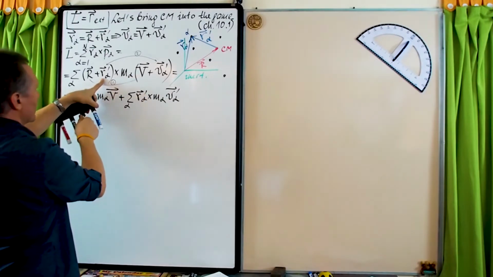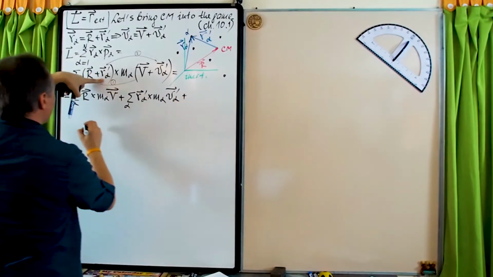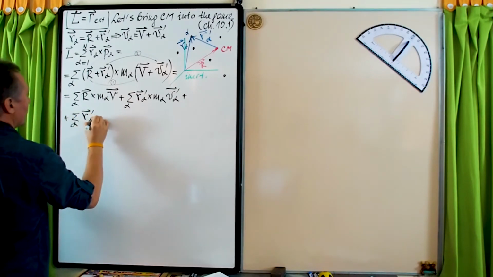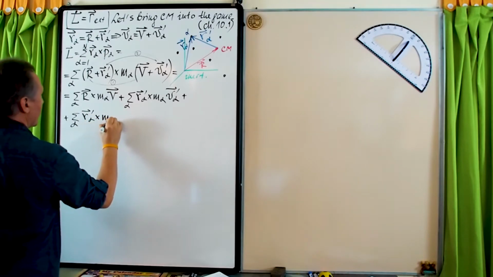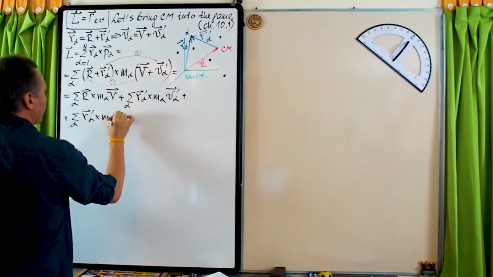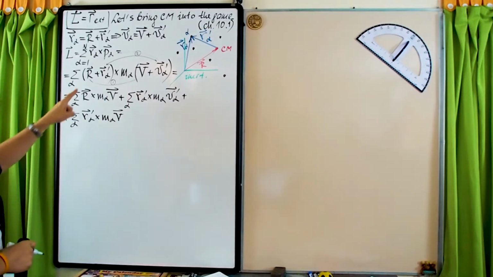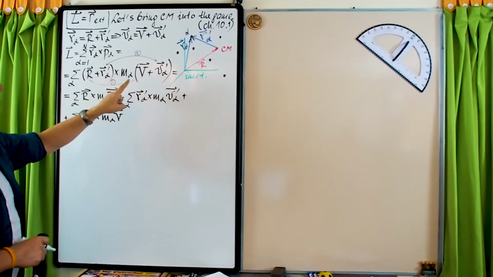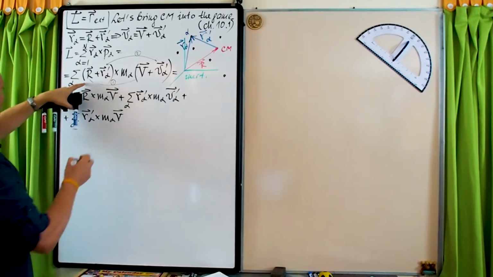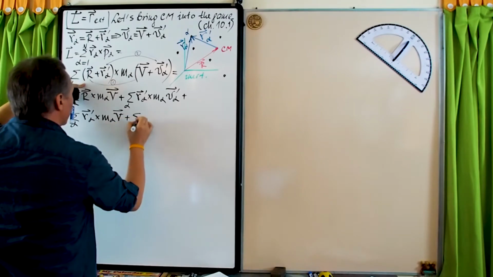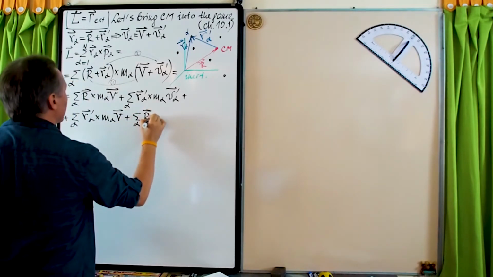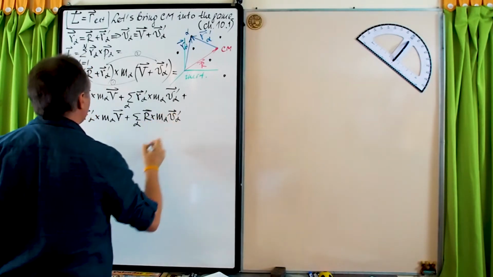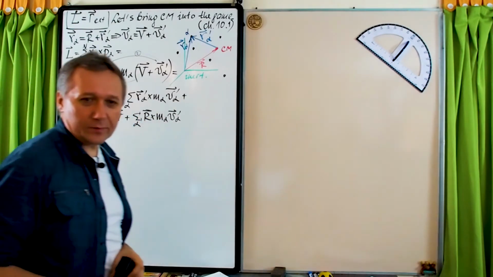So plus, I will move to the next line, plus summation over alpha, R alpha prime cross M alpha V. And now this with that, so plus summation over alpha R cross M alpha V alpha prime. Okay, so I think I didn't make any mistakes, I hope.